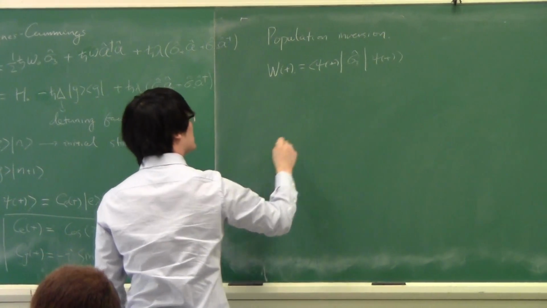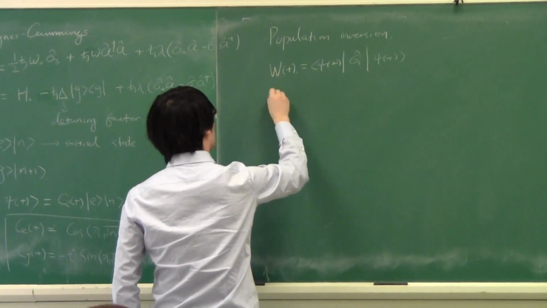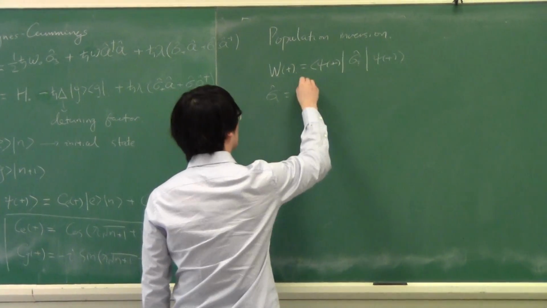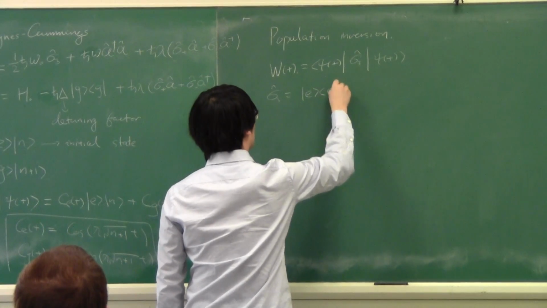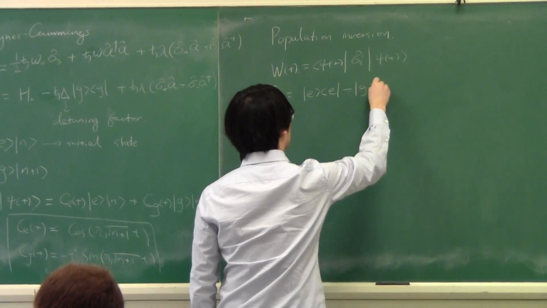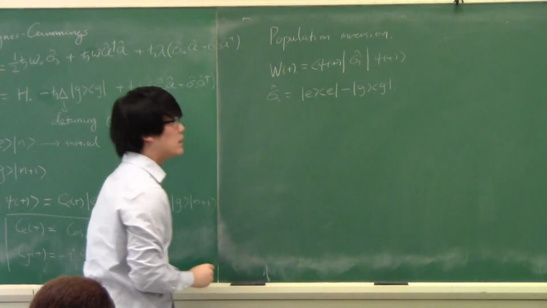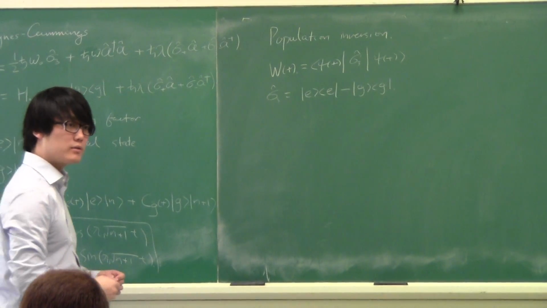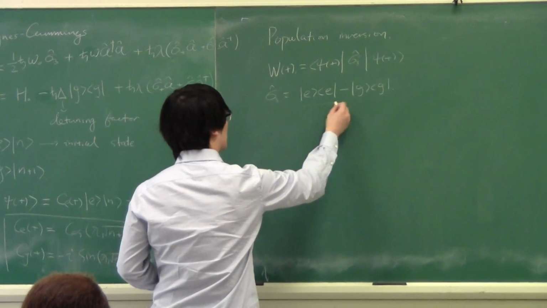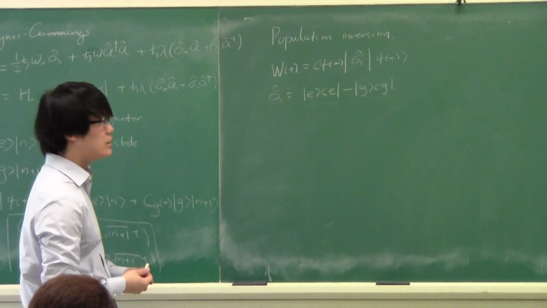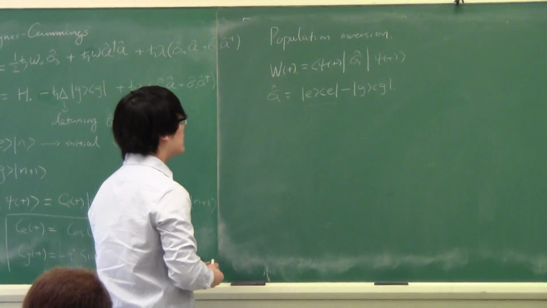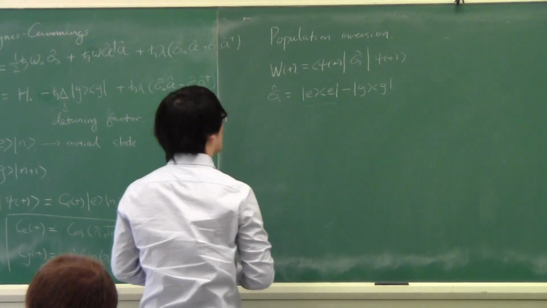And it's apparent why it is defined so, because sigma 3, when written out in the two-state representation, is this. So finding the expectation value is saying: find the probability to be in the excited state, subtracting the probability to be in the ground state.